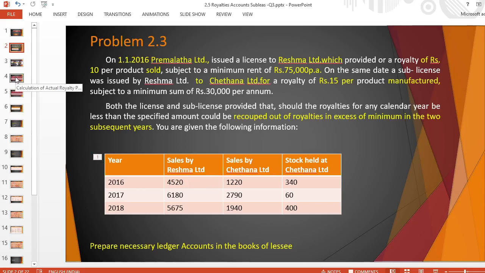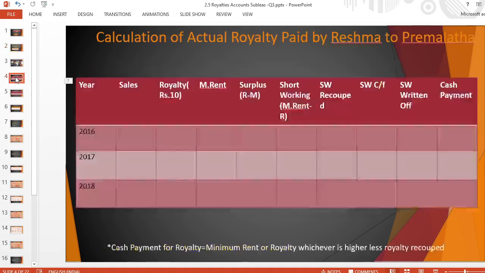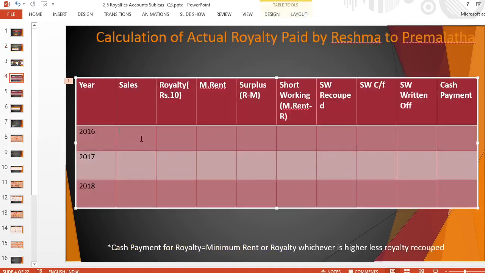So I'll consider total sales 4,520 plus 1,220. So the total here is 5,740. And the second one, in the year 2017, it's 6,180 plus 2,790. Yes, it's 8,970.